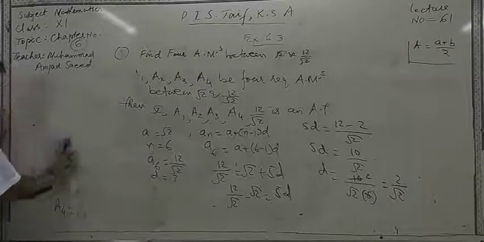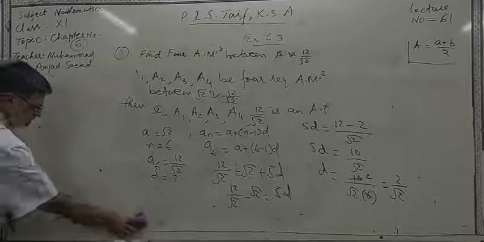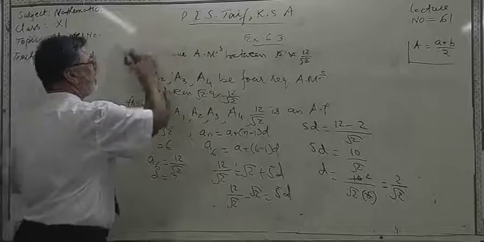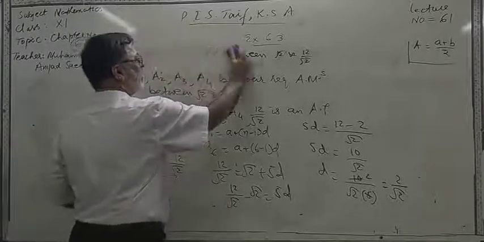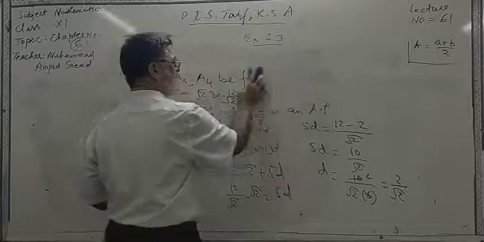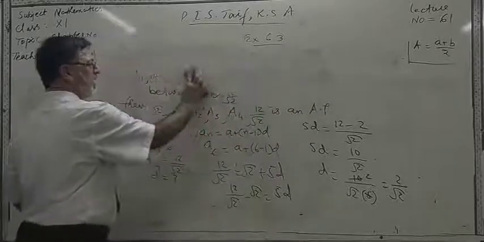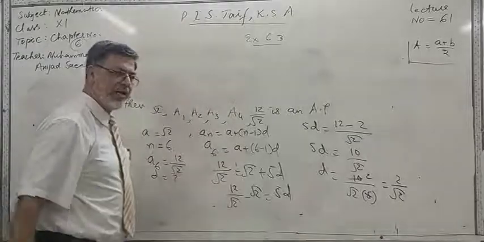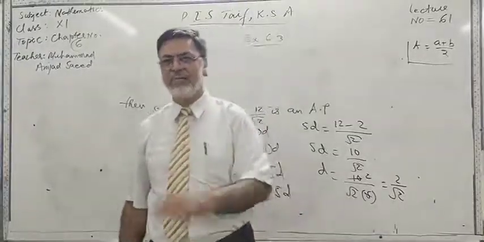Question number 7 is a special type of question, and for your information, this question is also in geometric mean, harmonic mean and arithmetic mean.